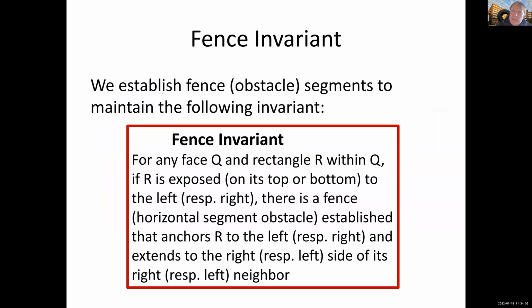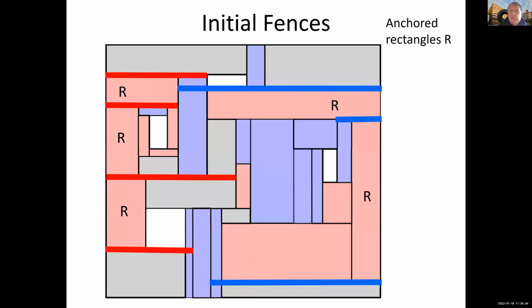And the fence invariant that we establish throughout the process is that for any face Q and any rectangle within it, if it's exposed to its left or to its right, then there is a fence that protects that exposed rectangle from being penetrated by a vertical cut. And in fact, it extends through its right neighbor or its left neighbor to protect its neighbor as well.